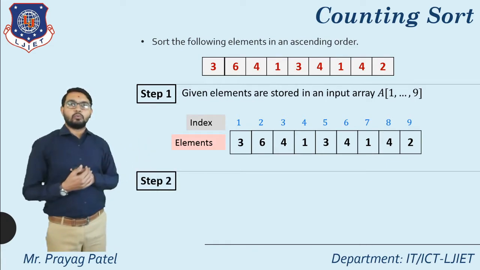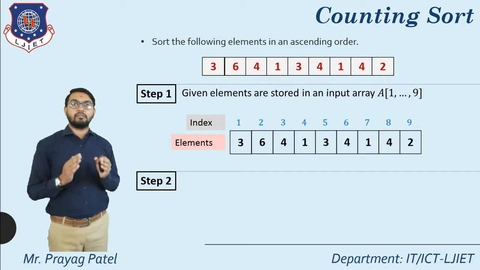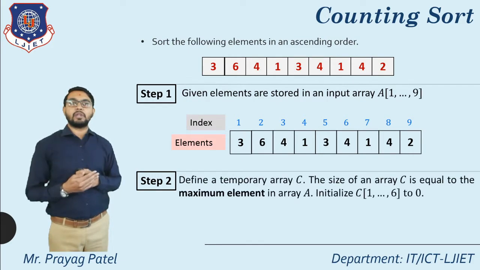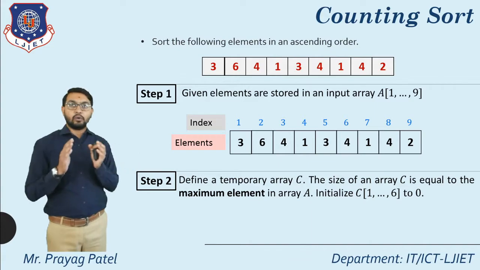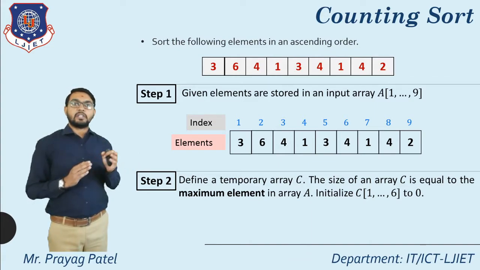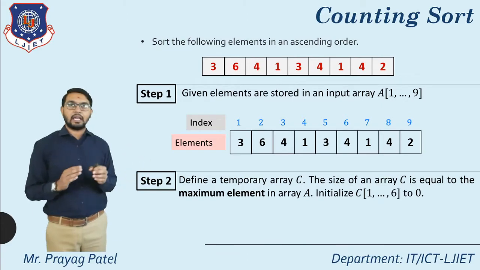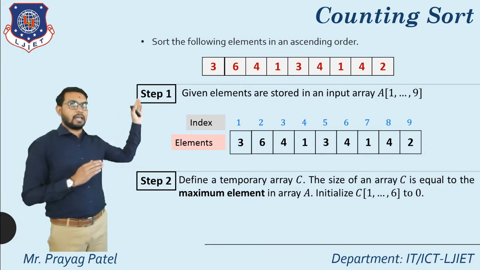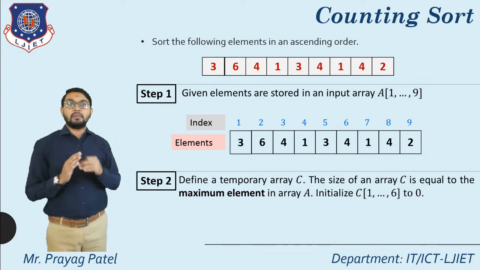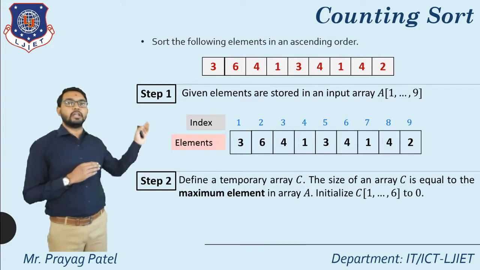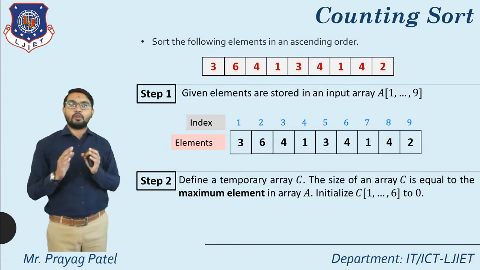Now step number 2. In step number 2, consider one array, named C. Define a temporary array C. The size of array C is equal to the maximum element in array A. So in array A, find the maximum value, which here is 6.